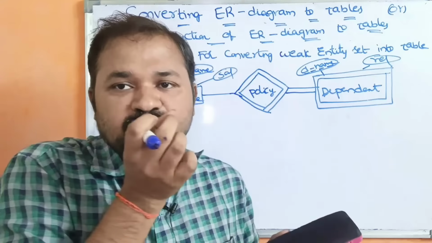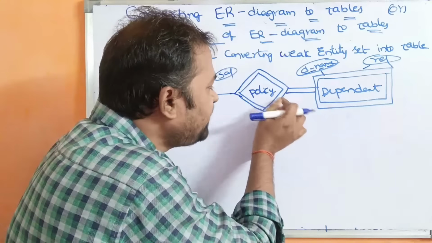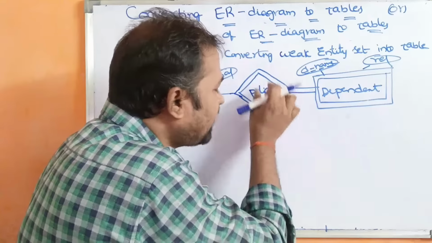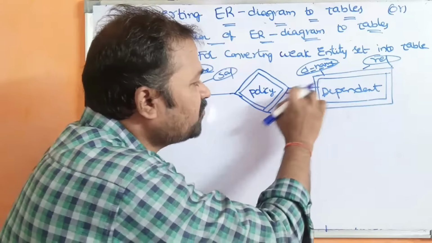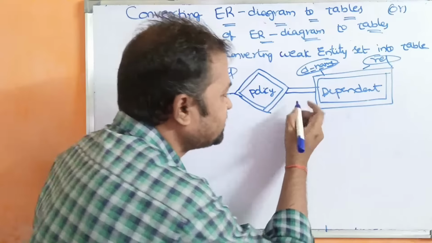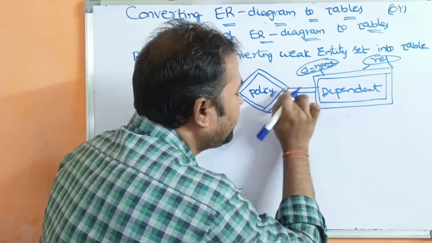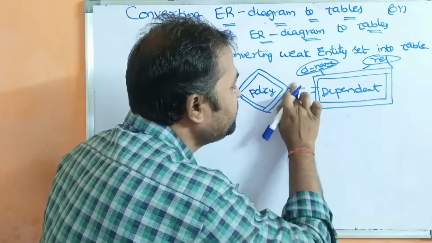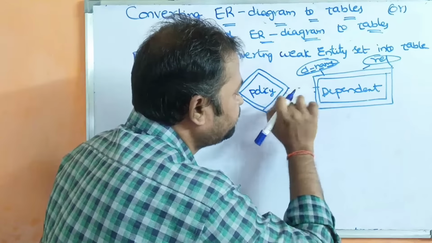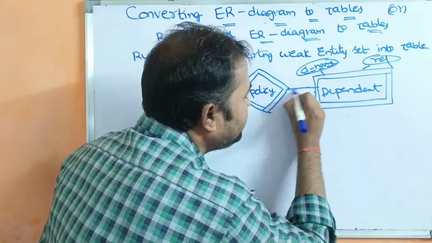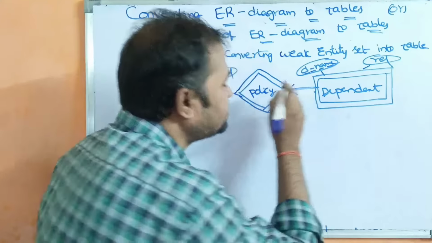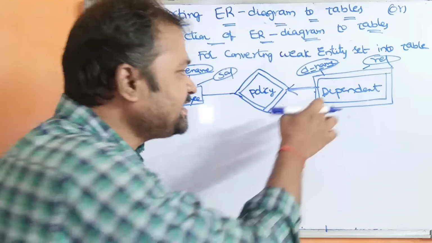In order to show the association between this relationship and the weak entity, we always use two lines, or in place of two lines, we can use a solid line, and the arrow will be towards the relation. Okay. Here this is a weak entity.